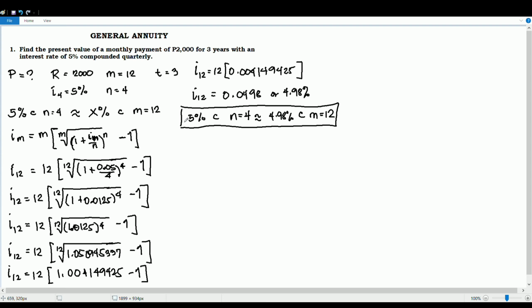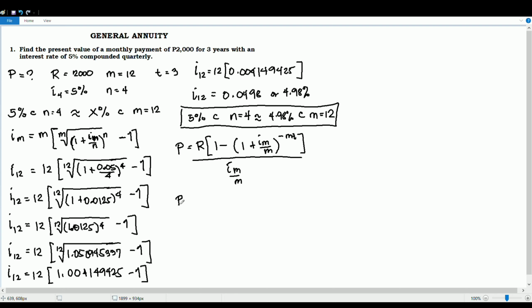So let's find the present value since we already have our 4.98% compounded monthly, which is synchronized with the regular payment of 2,000 pesos monthly. So the formula for the present value is equal to R times 1 minus 1 plus I subscript m over m raised to negative mt, all over I subscript m over m.